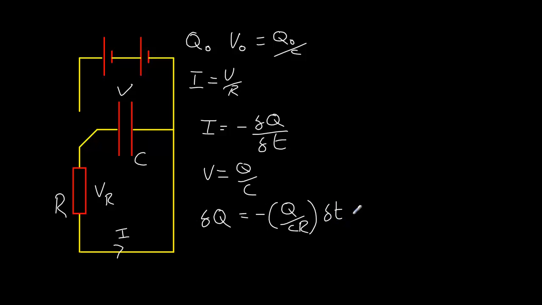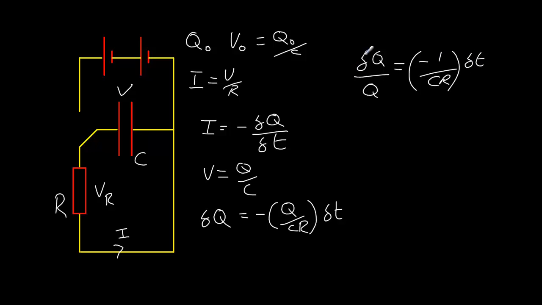Now we could rearrange this so that we get delta Q over Q equals minus 1 over CR delta t.